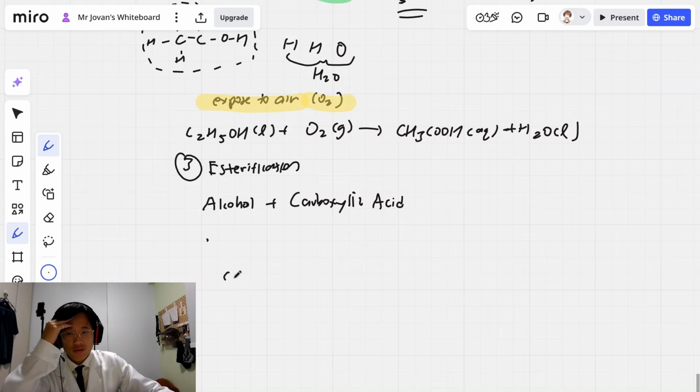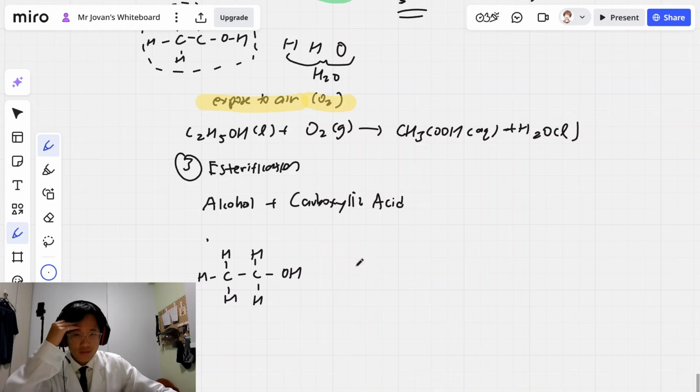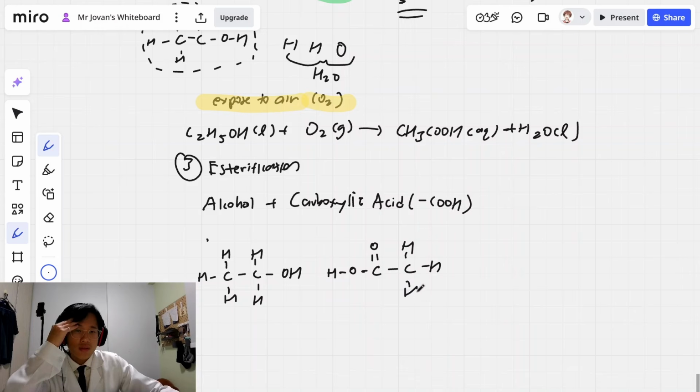I'm just going to draw it out for us. Carboxylic acid. Later we'll learn more, but do note that this is the functional group. So I'm just going to draw the functional group on the left. I'm just going to draw a simple one.